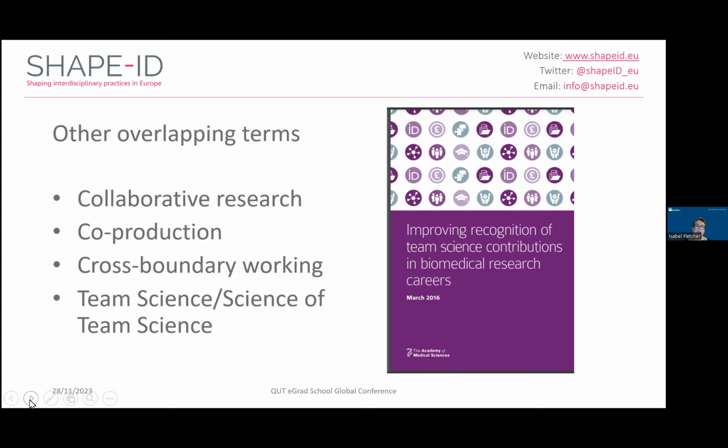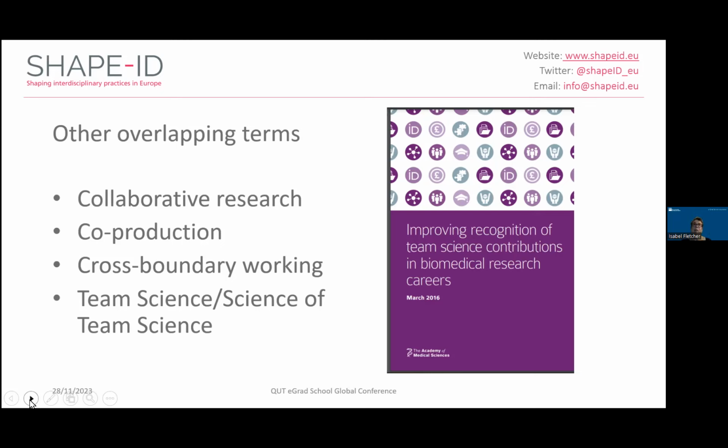So other terms you may find are collaborative research, co-production, which you may well be familiar with, cross-boundary working, but also, particularly in an American context and around biomedical science, team science, or the science of team science. These overlap with models of inter and transdisciplinarity. There is lots we can learn from each other, but the communities aren't always very well connected.